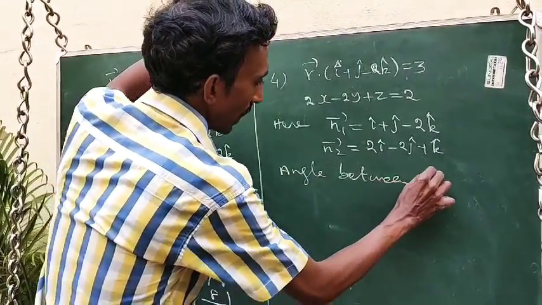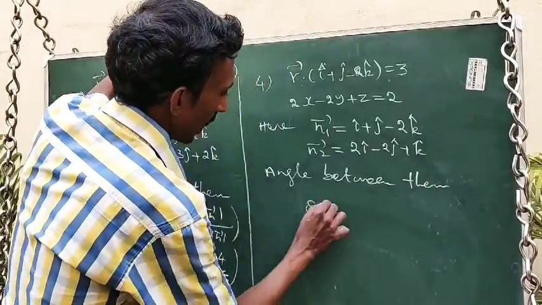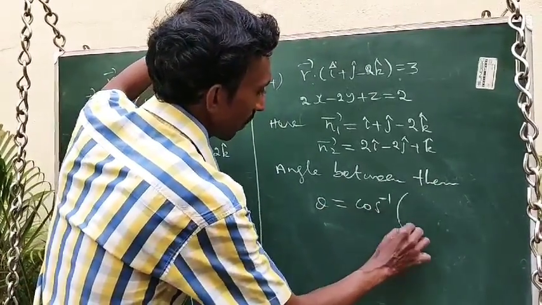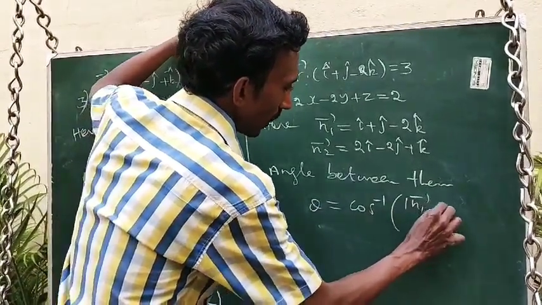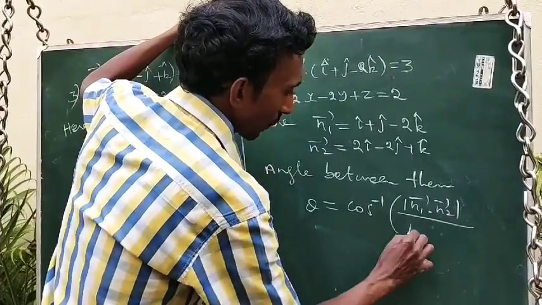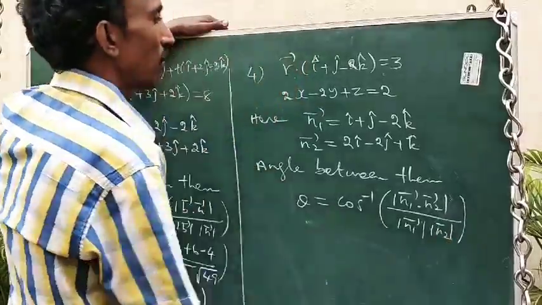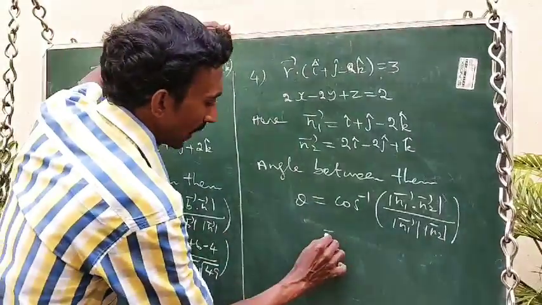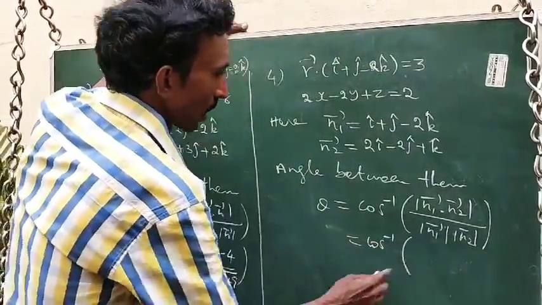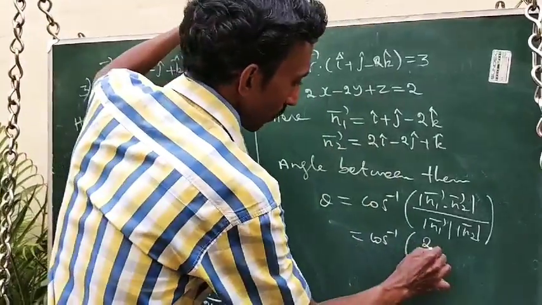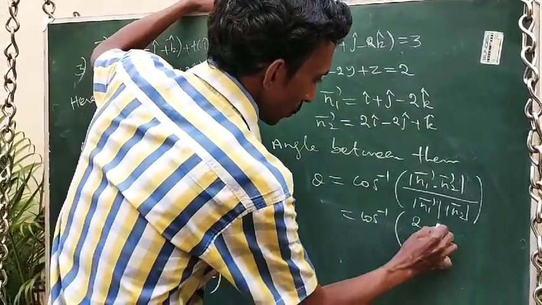So the angle between them, theta equal to cos inverse of n1 dot n2 by modulus of n1 vector into modulus of n2. So this is the formula. Again find out the dot product like the previous: 2 minus 2.